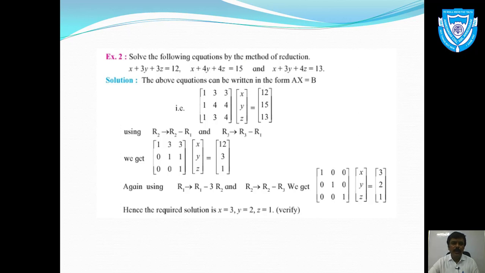So here at first we'll convert the given equations into Ax equals B form, which is already converted over here. You can observe on screen. The elements of A are 1, 3, 3, 1, 4, 4 and 1, 3, 4 into xyz equals 12, 15, 13.